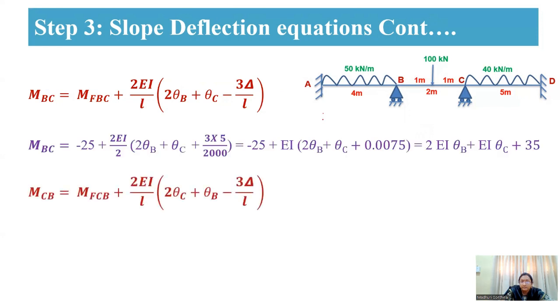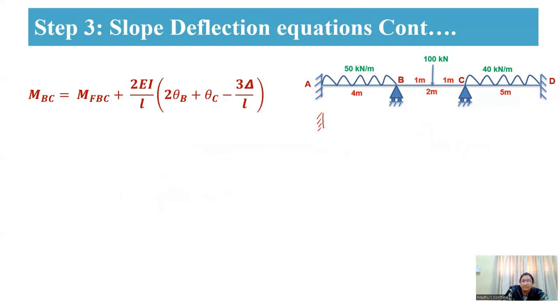Here, for BC, the delta will be equal to minus 5 by 1000 meters.